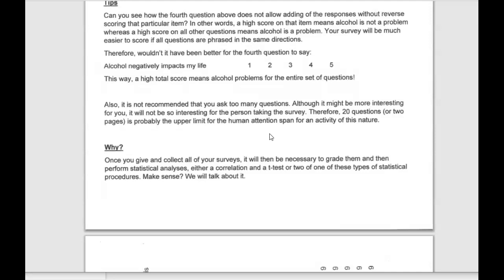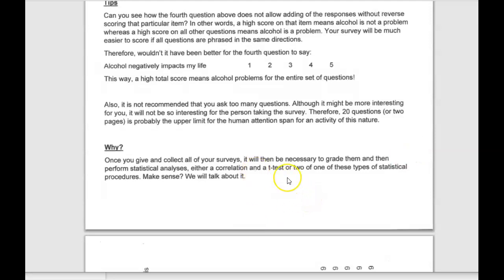Your people are going to get bored and disinterested, and they're going to be like, I don't want to take this survey. They'll either scribble down anything and not even look at it, or they won't complete it and turn it back in to you. So therefore, I would recommend a reasonable number of questions, maybe between 5 and 15 at the most. I wouldn't do too many more or less than that if you want a good survey.